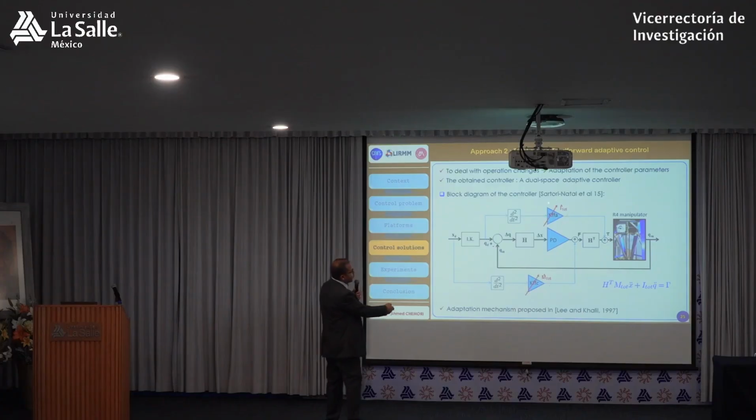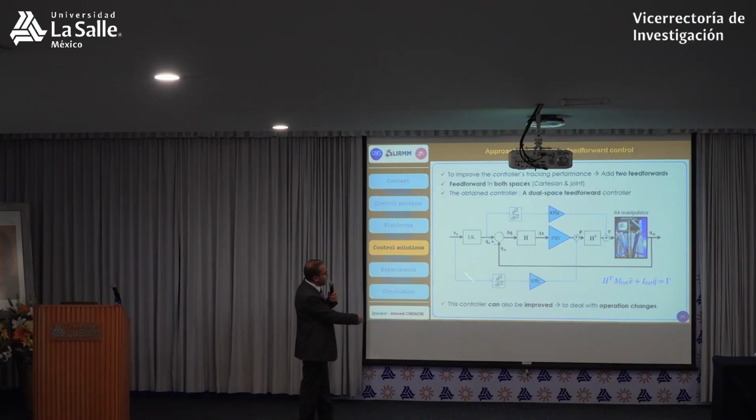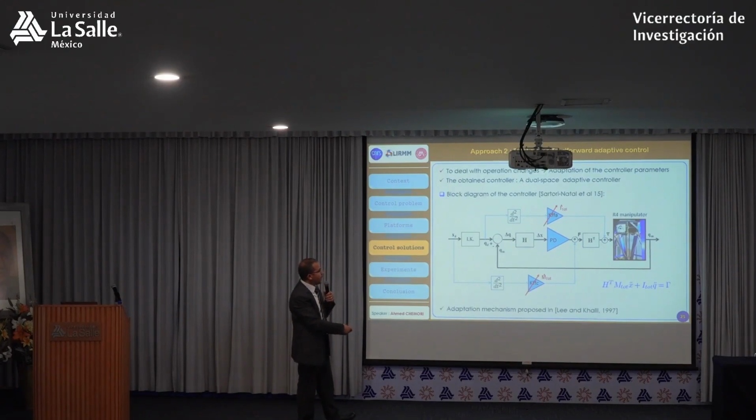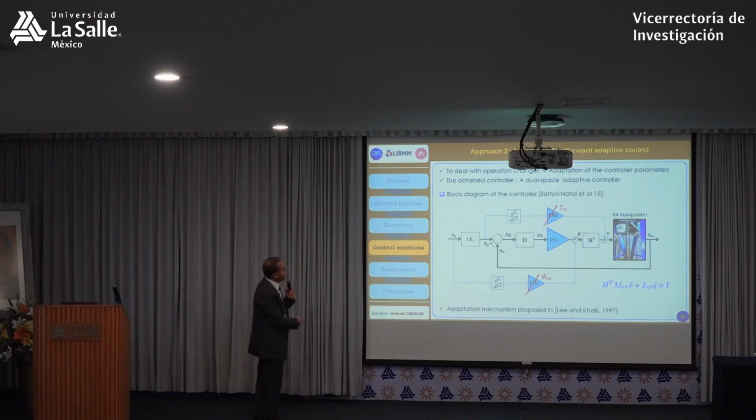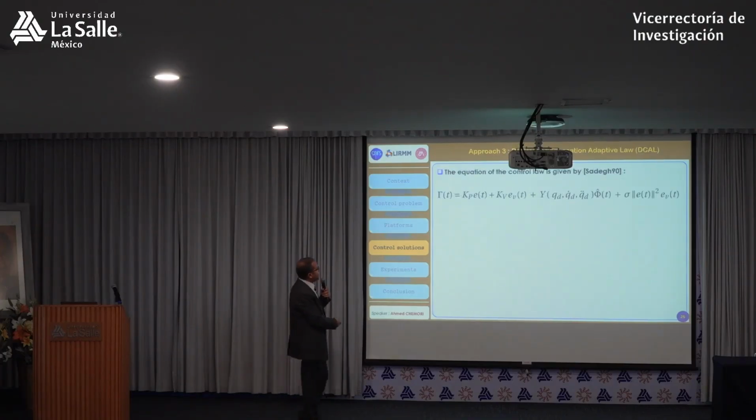In this case, we tune autonomously the gains of the feed forward here, and this is why we call this controller joint space feed forward adaptive control. The previous one was not adaptive, it's just the PID with feed forward, and this one is an adaptive feed forward in joint space controller. So this is the second control approach.